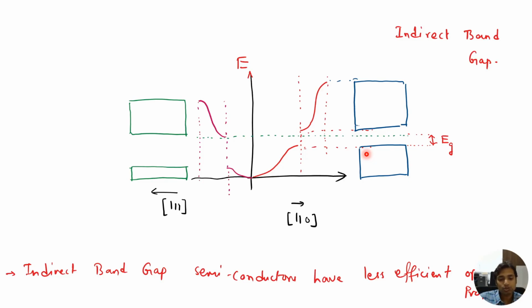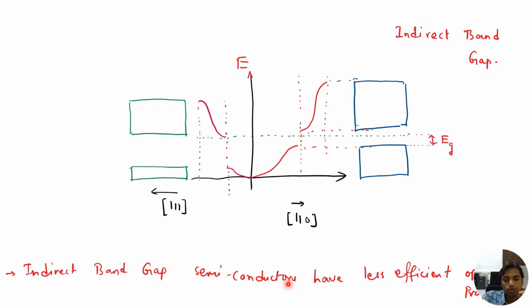That is why indirect band gap semiconductors are less efficient for optical properties. A direct band gap semiconductor can be used for optical properties and optoelectronic devices. The point to remember is that for semiconductor optical devices like semiconductor lasers or LEDs, you need a direct band gap semiconductor.